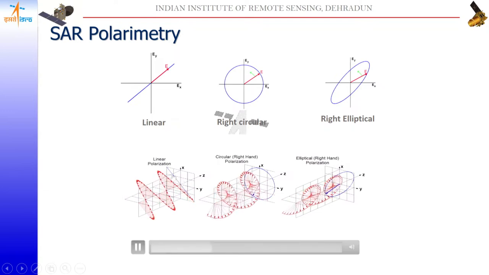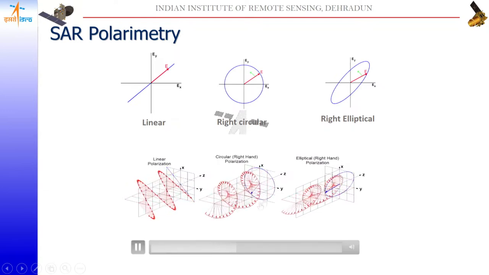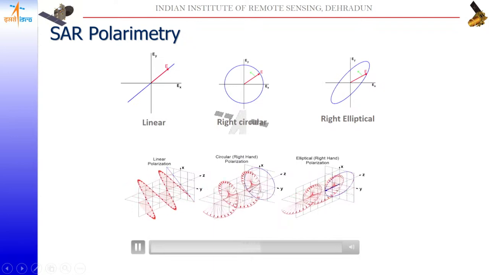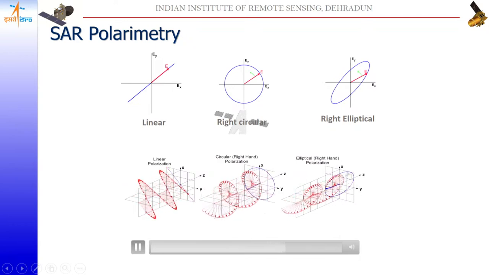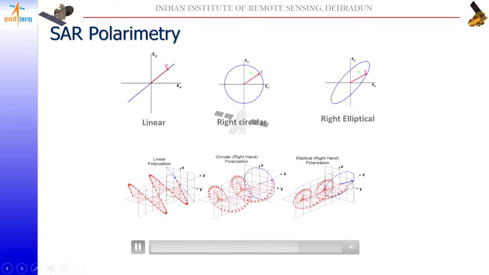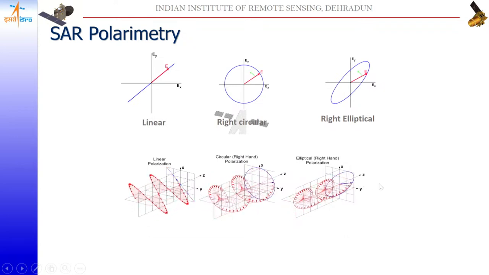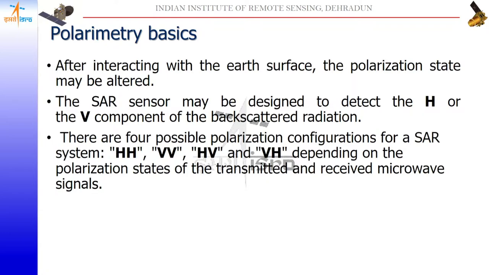Okay, so this is the polarization ellipse. It is a straight line in the linear polarization, here it is circular, and here it is elliptical. Here the relative phase between the H and V is 90 degree. So at any other phase, like 45 degree, it can make an elliptical polarization. So we can change this relative phase, and we can design our SAR antenna.